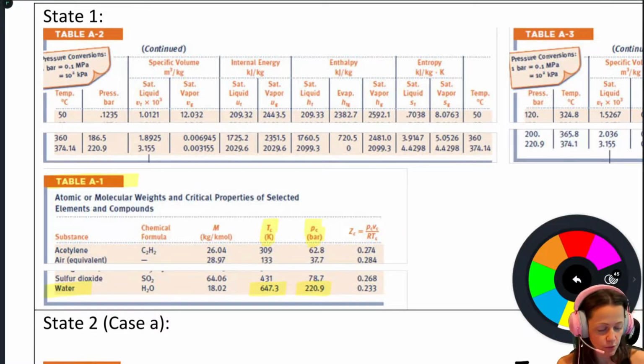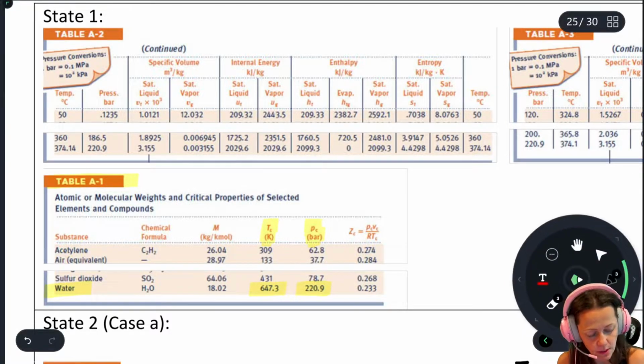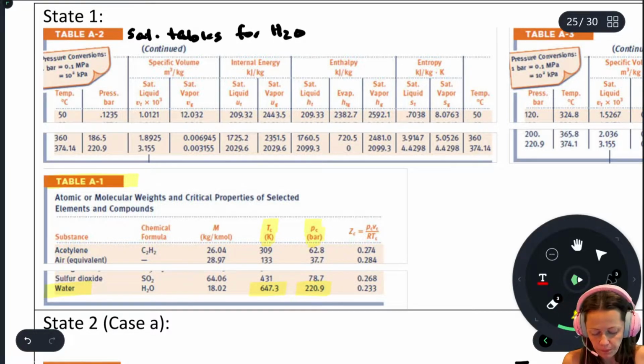You can also find out what the critical temperature is in these saturated tables. So this is your saturated water tables. This one's organized by temperature. So this is the last point that you see. That's your critical temperature, and this is your critical pressure.